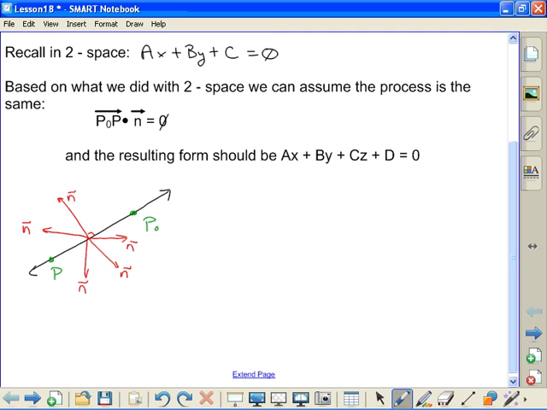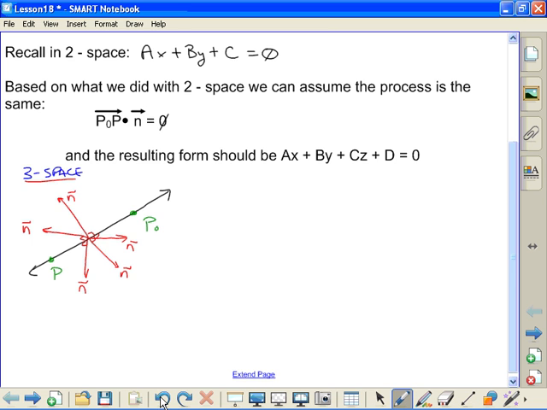Each of these normals, because we're in 3 space, is still perpendicular to our line, and in 2 space there's only one possible, because it's on a piece of paper. It's either going to be going up or down. So this is your 3 space. So we're able to find an infinite number of normals.